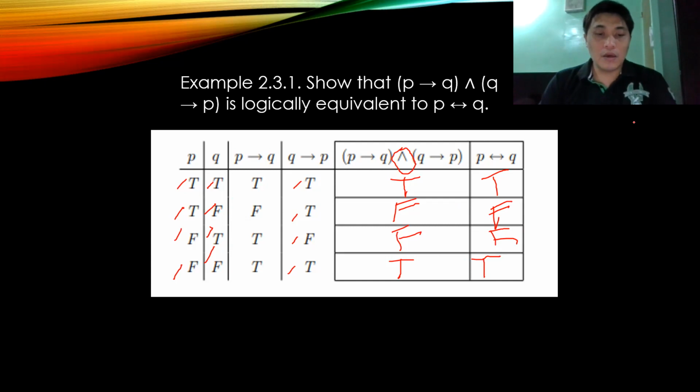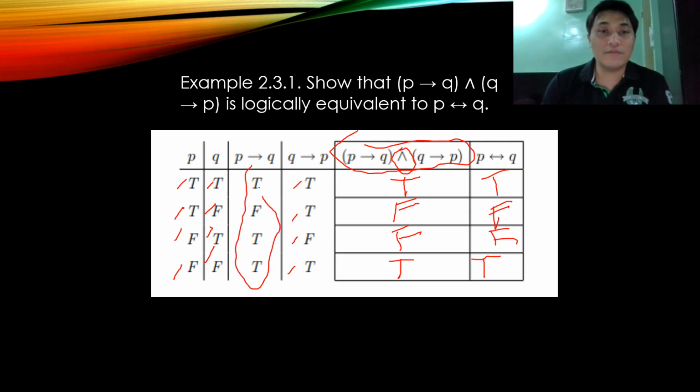Okay. Examine every possible case in which statement P implies Q. This one, P implies Q and Q implies P, may not have the same truth values as this one.